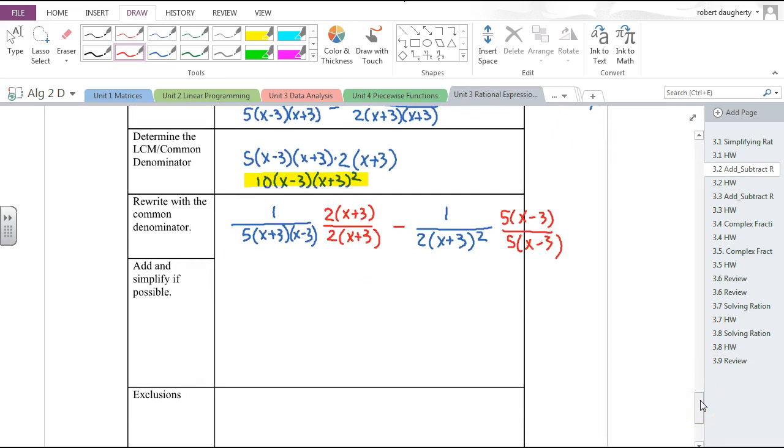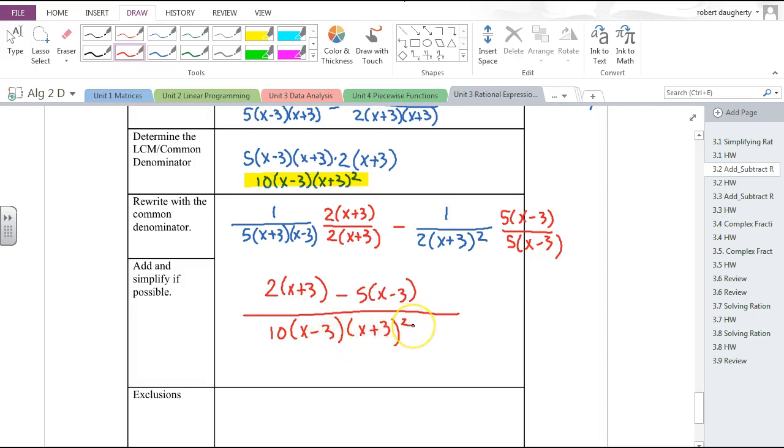So you're going to have 2 times x plus 3 minus 5 times x minus 3, all of that over 10 times x minus 3 times x plus 3 squared.